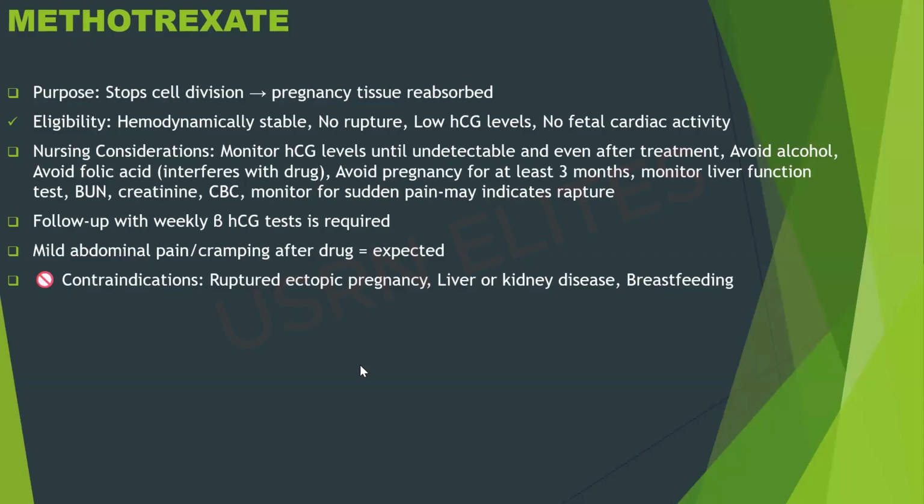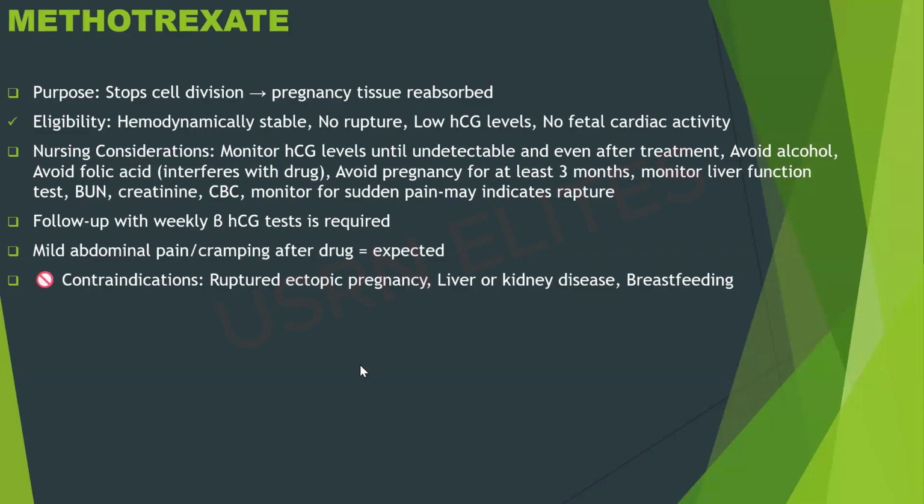All right. So we give methotrexate when the patient is hemodynamically stable. When there is no rupture, when we are having low HCG levels, and when there's no fetal cardiac activity.